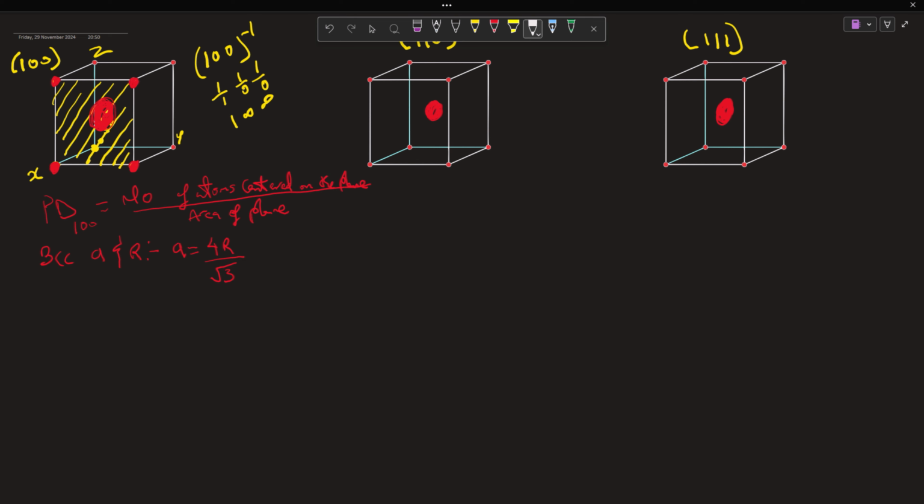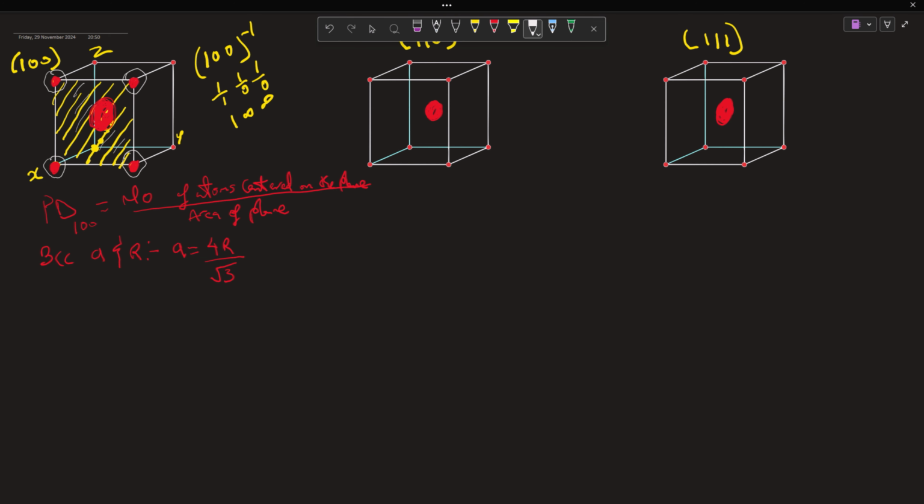So now we have to begin the whole process. Now for BCC, on that plane that we have just shaded, which is this shaded plane, how many atoms are seated there? We have this atom, this atom, this atom, this atom. For those atoms that I circled, if you agree with me, it is a 90 degree angle, right?